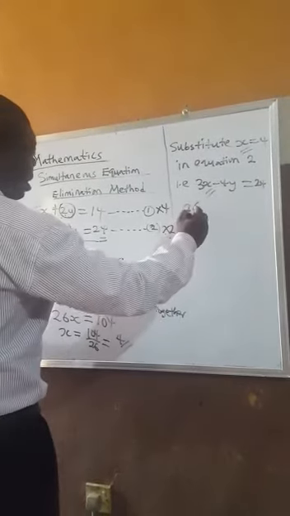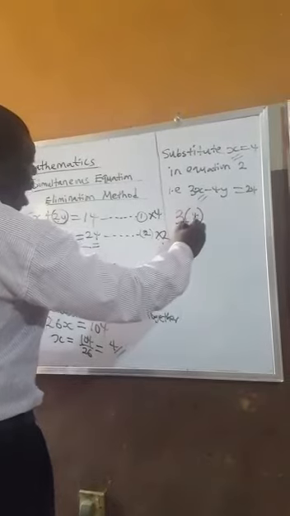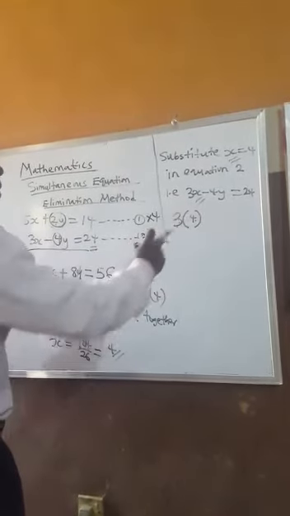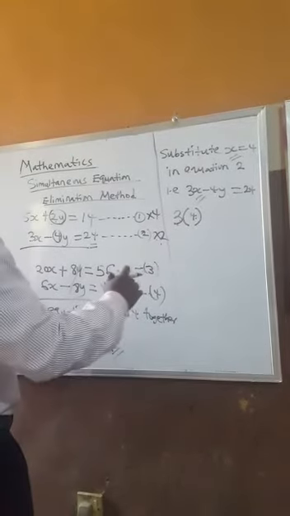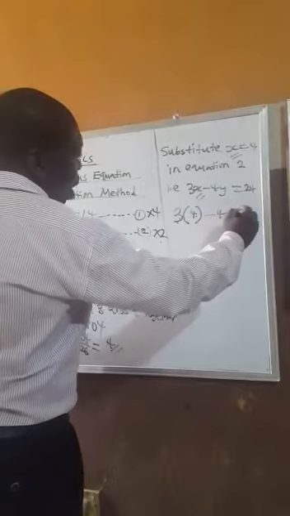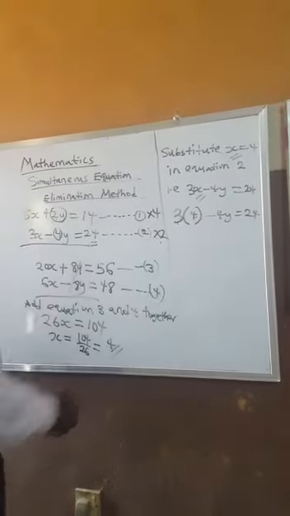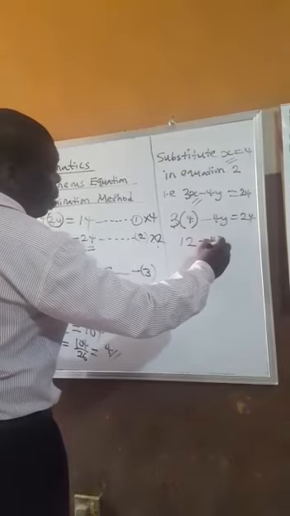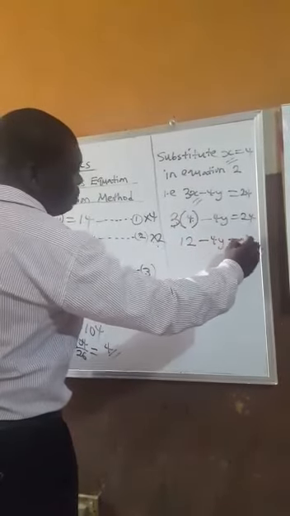So we insert it there by writing 4, and this means 3 times 4. Whenever you have brackets, multiplying by whatever is at the front or behind, it means multiplication. Then we have minus 4y equals to 24. 3 times 4 gives 12. Minus 4y equals to 24.